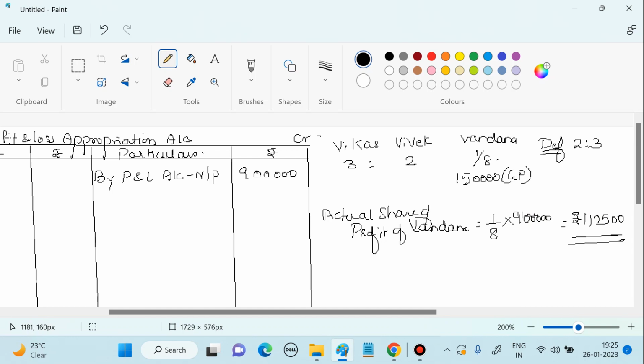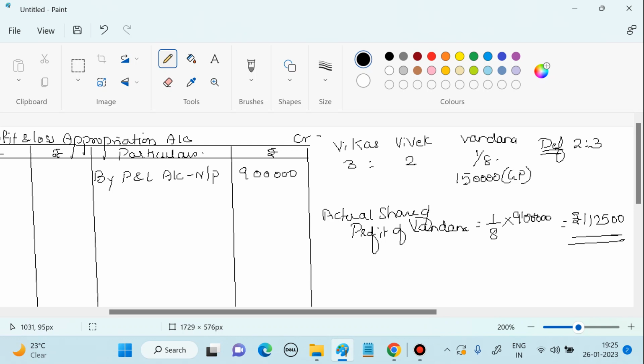Now tell me, whether guaranteed profit has to be given, or is she to be told to take her actual share of profit and go? What should we do? Ma'am, the other two partners have to give her in the ratio 2:3 because there's a deficiency.